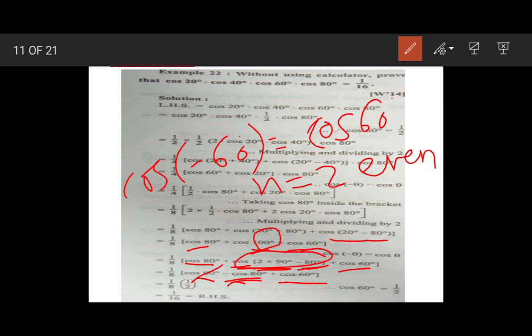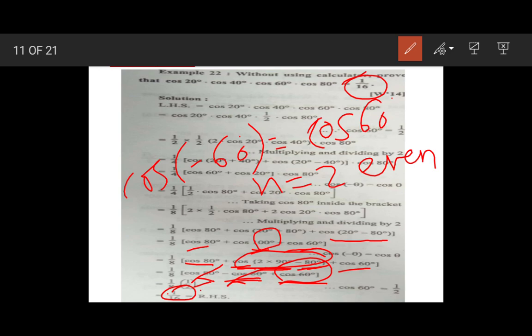Now cos 80 degree minus cos 80 degree cancel, and cos 60 degree value is 1 upon 2. So 1 upon 8 into 1 upon 2 is 1 upon 16, and that is equal to the right hand side. So these are examples where we are using the defactorization formula.